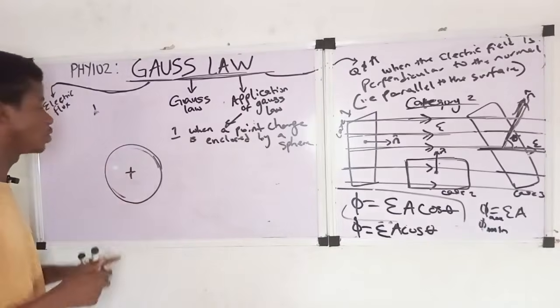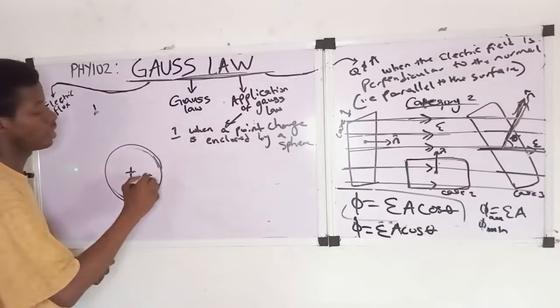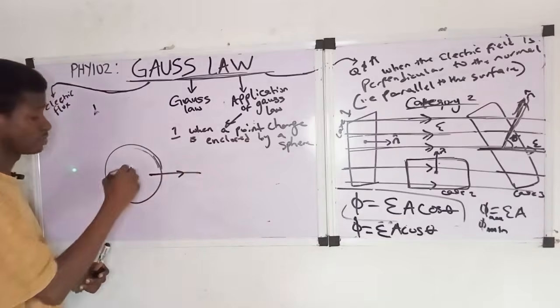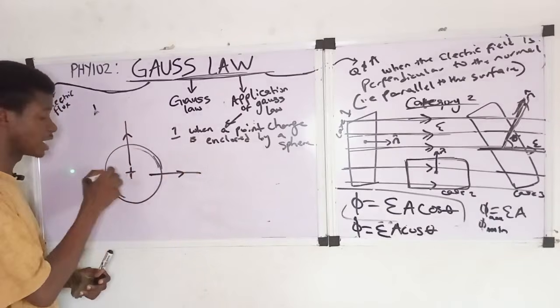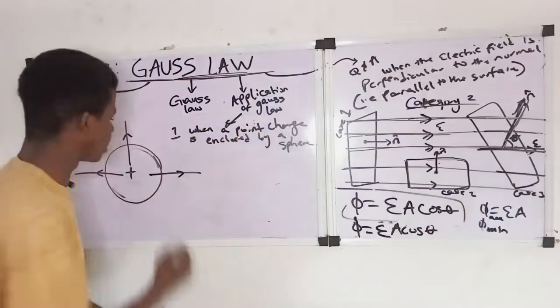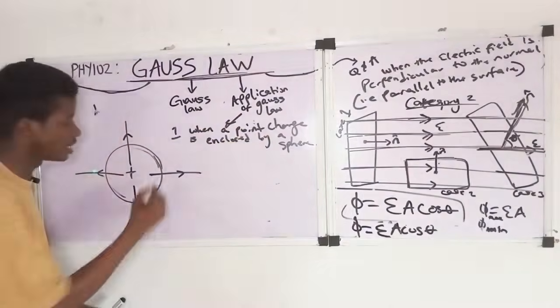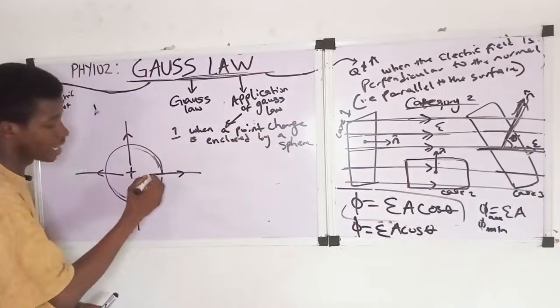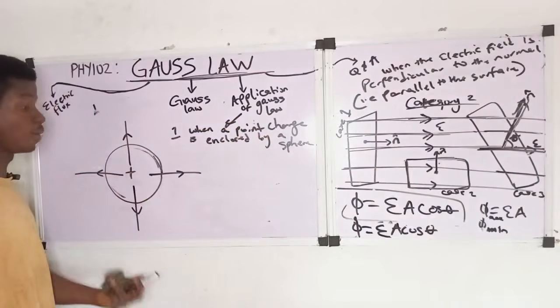Before I continue, just take note that a positive charge gives off an electric field that is usually outward. Then the field with the area gives you the electric flux, right?